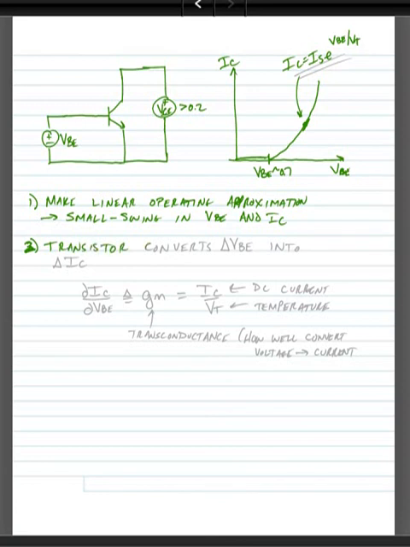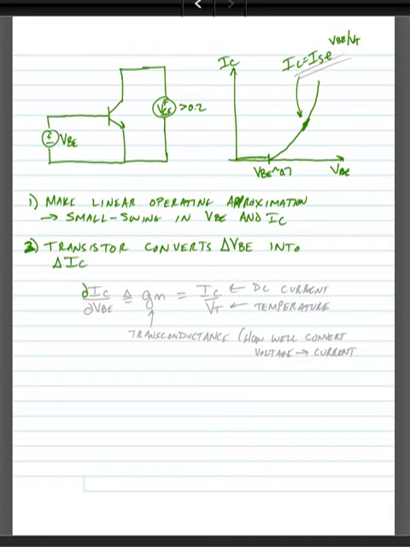So the transistor converts a voltage difference between the base and emitter, or VBE, or we'll say a delta VBE, into a delta current, or delta IC.